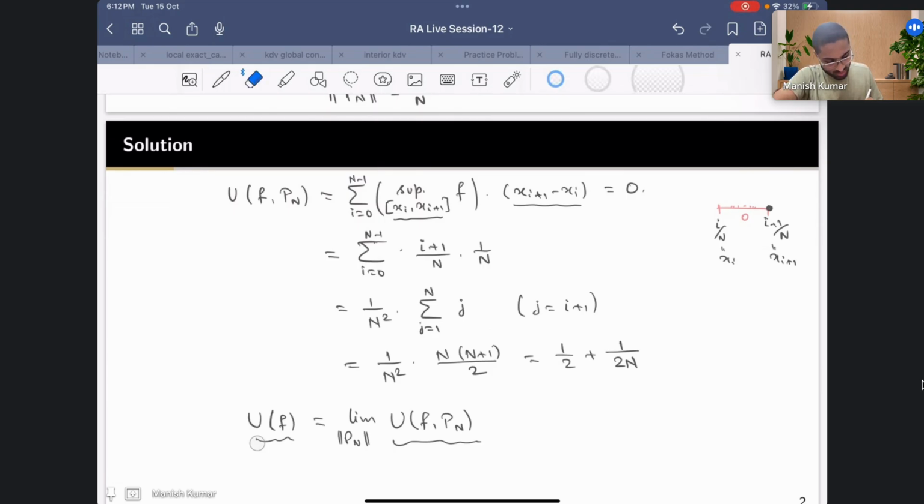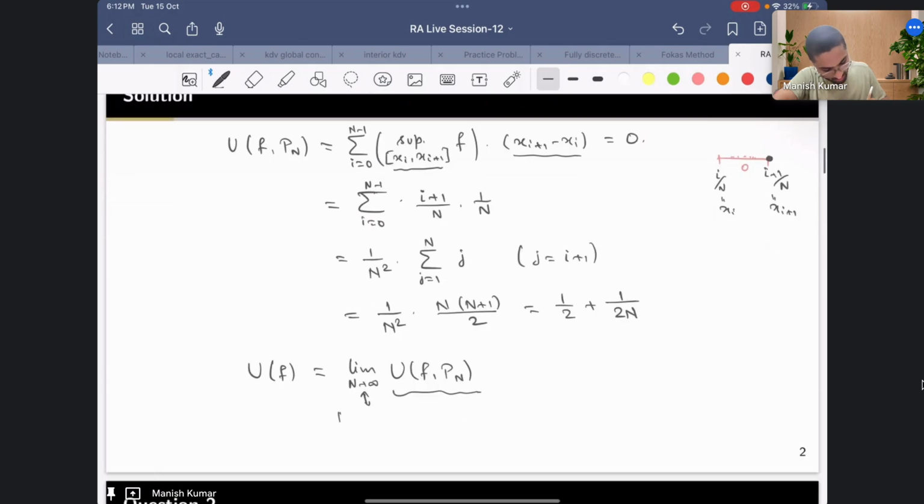In this case we can see that as n goes to infinity, this is the same as saying that the norm of Pn, which is 1 by n, goes to 0, right? So I can write U(f) as the limit of this U(f, Pn).